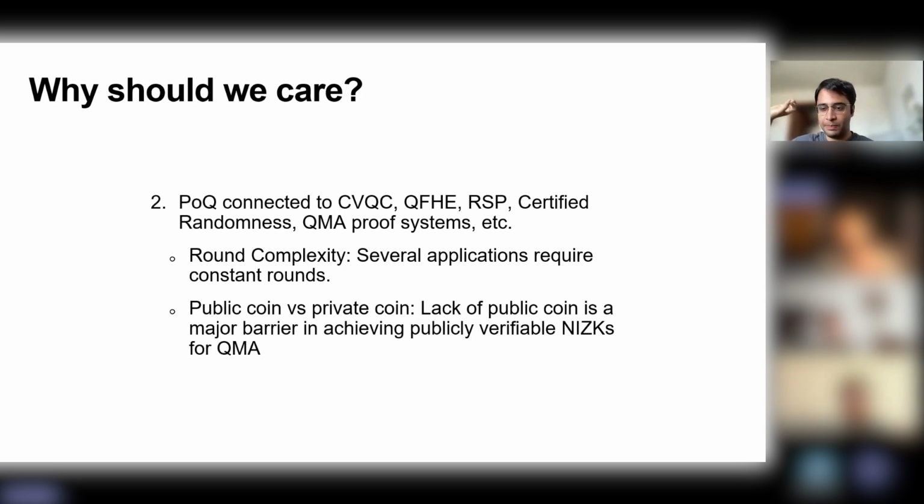If we just had a public coin way of doing Mahadev's protocol, it would just be solved. You just Fiat-Shamir it and then you're done. So understanding proofs of quantumness should help us better understand all these applications. What are the limitations? What is fundamental? And so on.